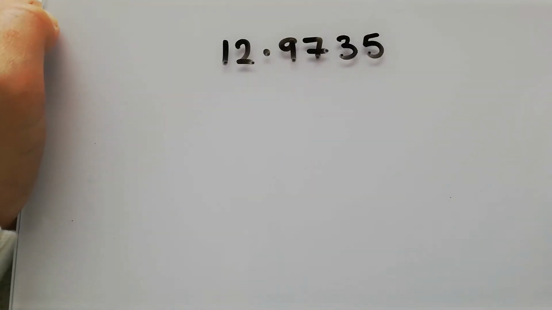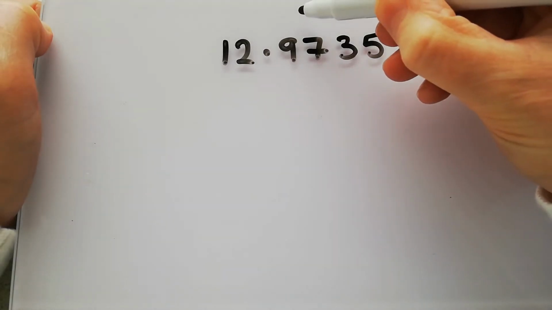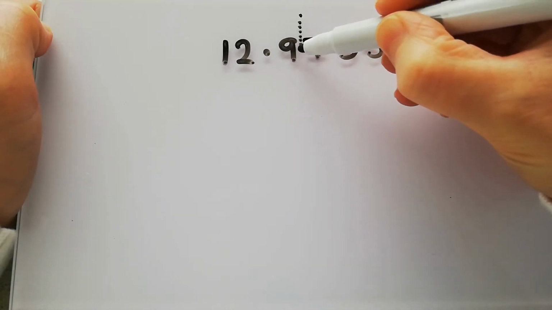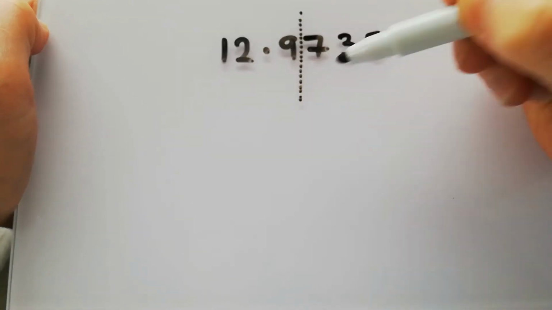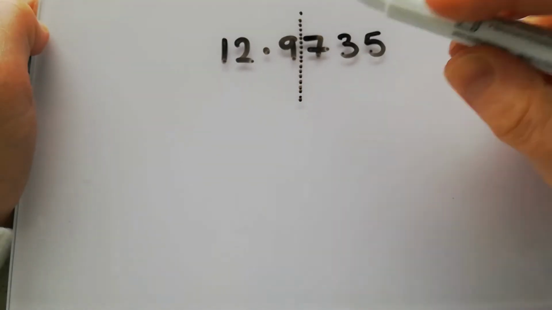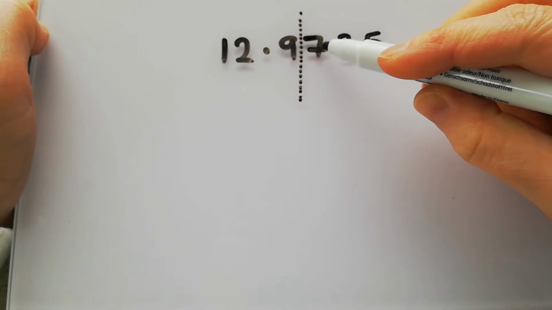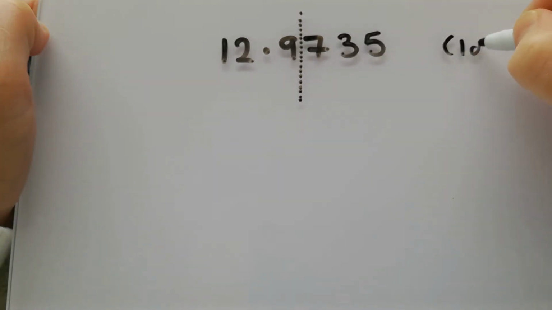If we now consider that number, 12.9735, if we wanted to round this to 1 decimal place, we would make a cut there after the 9, and we would look at the number to the right of the cut. This is if I was rounding to 1 decimal place.